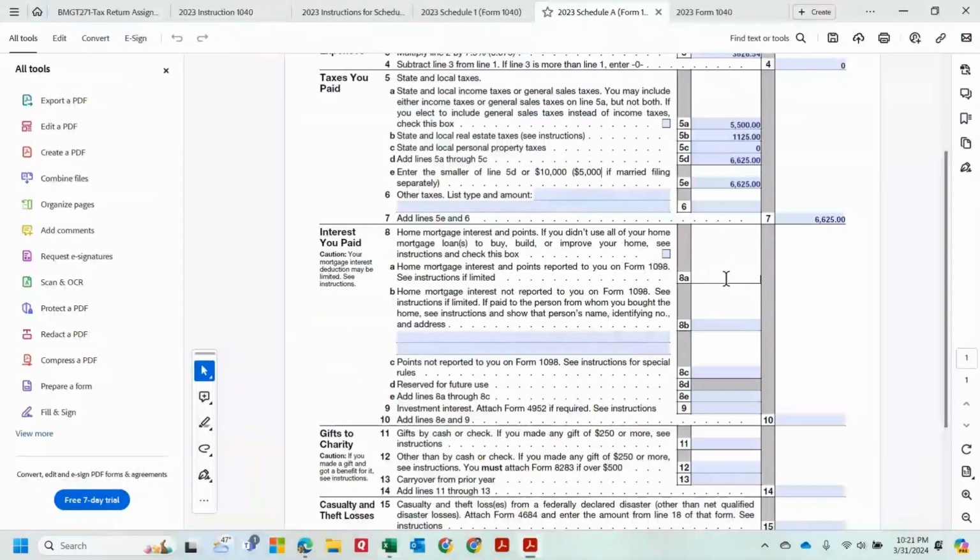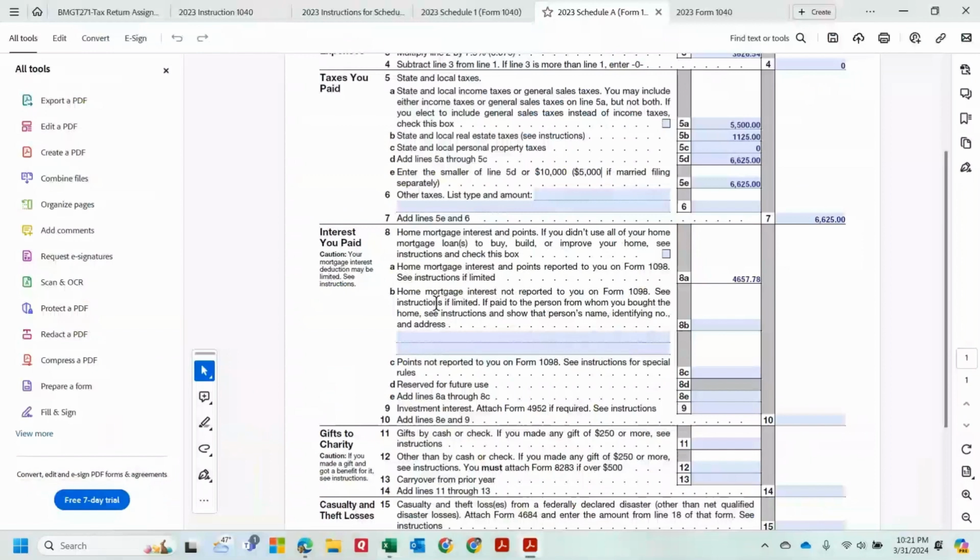So the sum total of those two is going to be, let me just add it up here, $46.57 and 78 cents. So that's going to come in here.